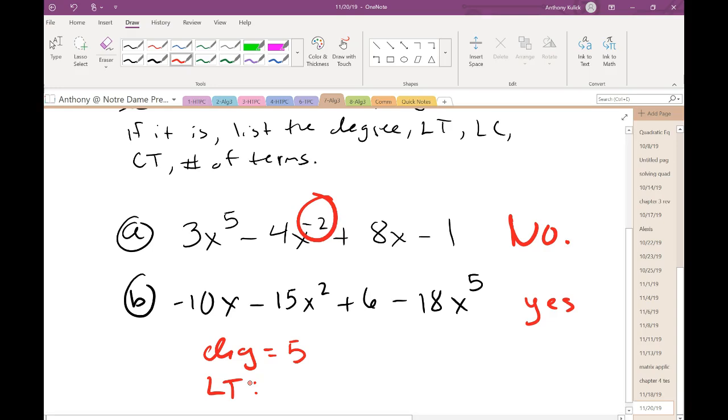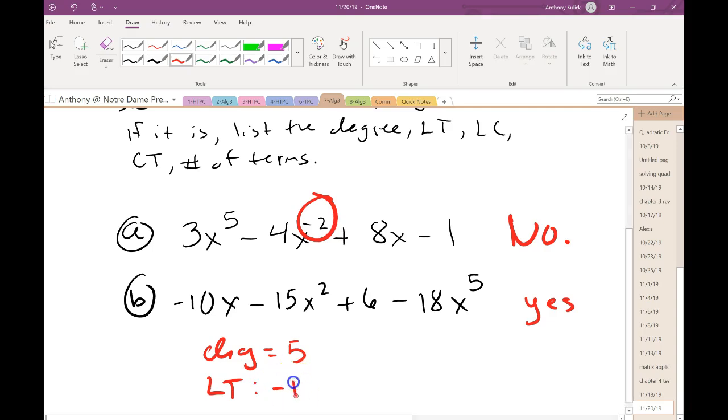What's the leading term? That's just going to be the term that has the highest degree.